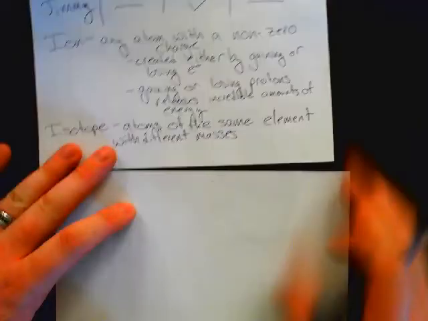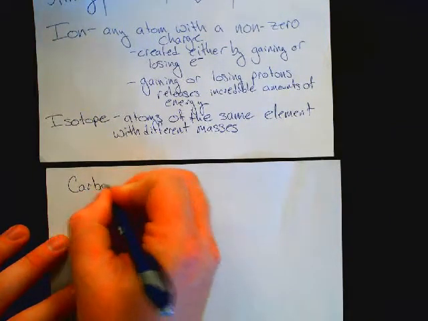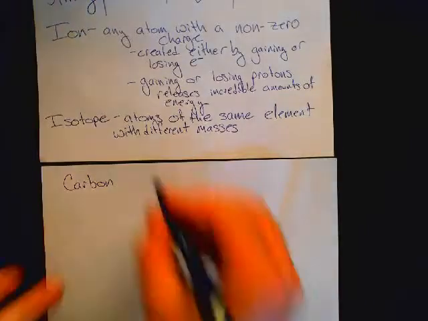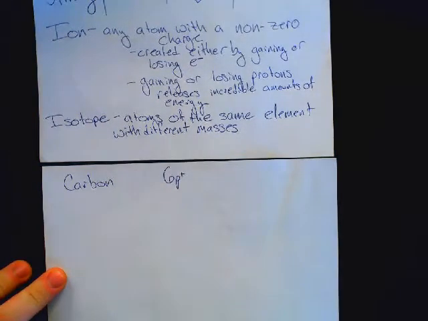All right, and an example we can give of that is carbon. From the simulation on Monday, anybody happen to remember how many protons carbon had? 6. All right, it had 6 protons.